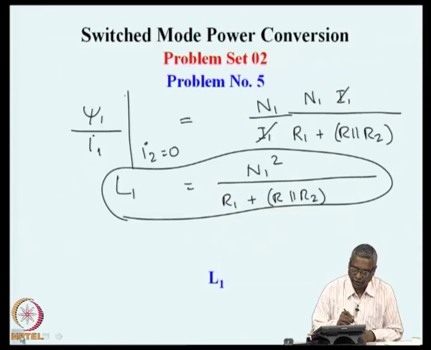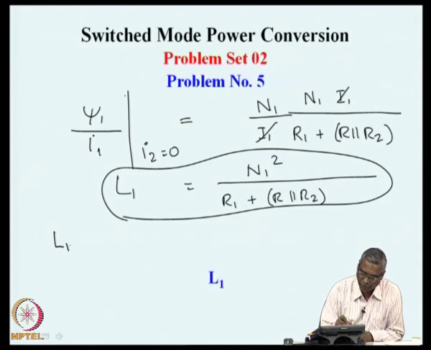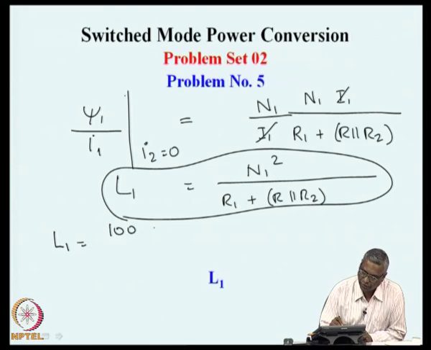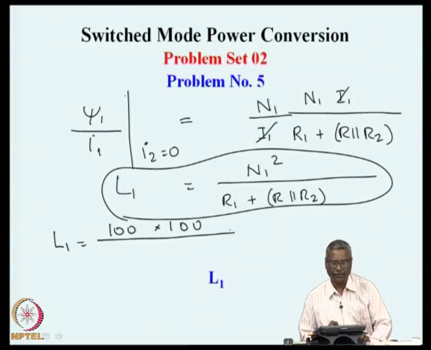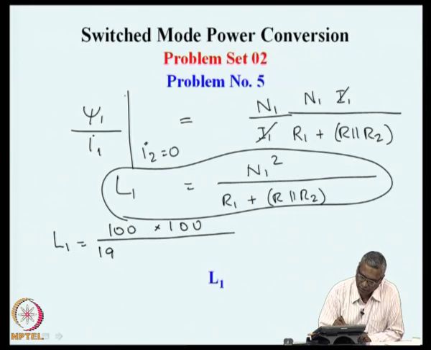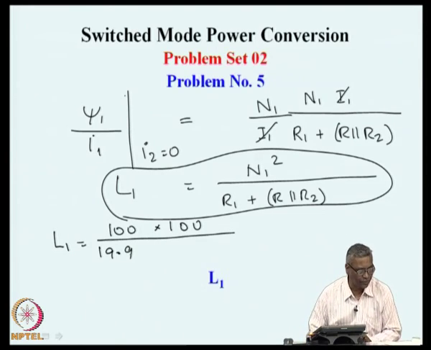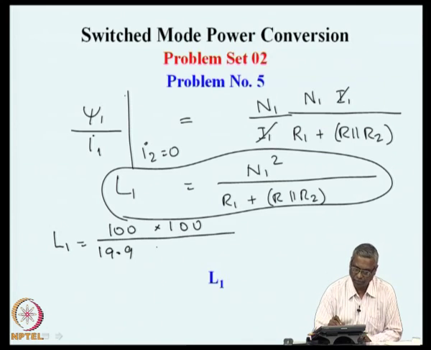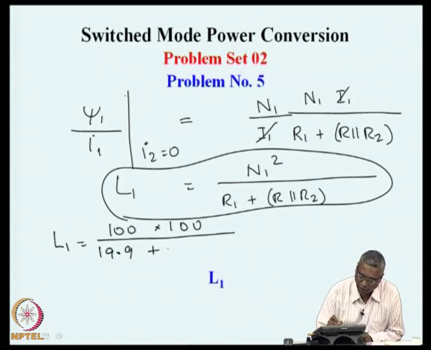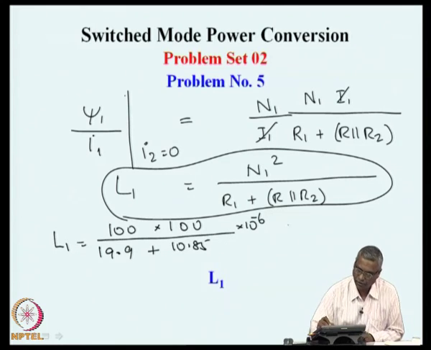So, we might go back here and calculate this L1 to be 100 into 100, because number of turns in winding 1 is 100 turns, and R1 is 19.9 into 10 power 6 per Henry, and R parallel R2 is 10.85 into 10 power 6 per Henry.